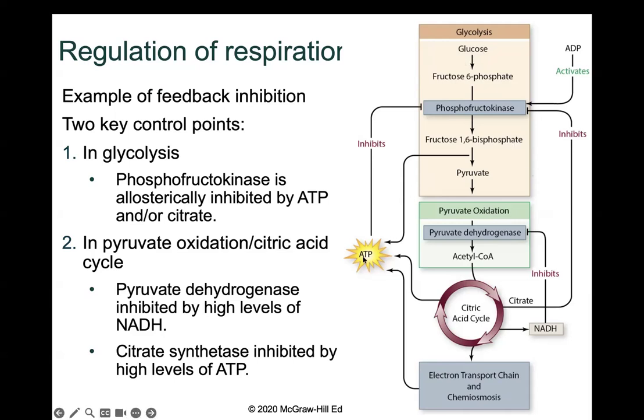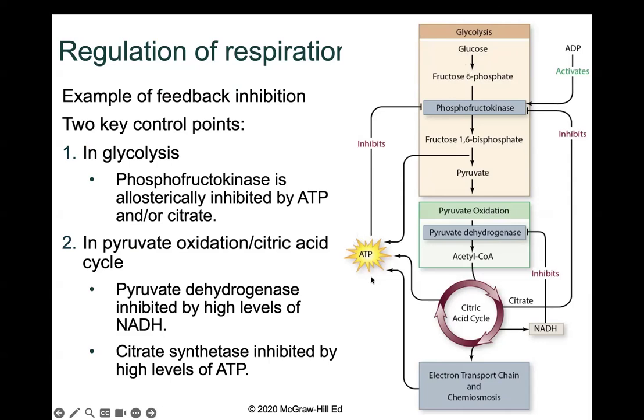Once we have enough ATP, we need to stop because we have a storage of glucose, like glycogen. We don't want to run out of that because if you run out of glucose, you can die. You can go into hypoglycemia. It's called hypoglycemic shock, and you go into seizures and start to lose consciousness. So we want to prevent this.